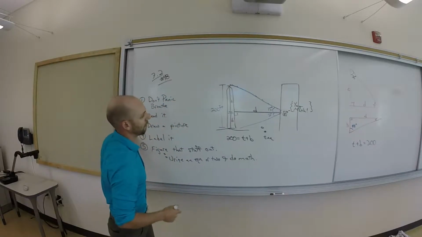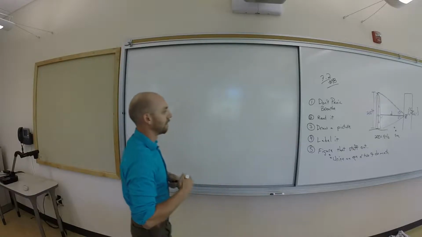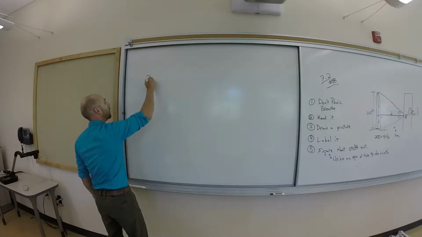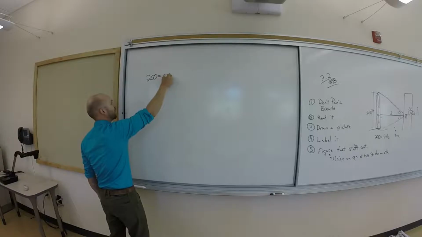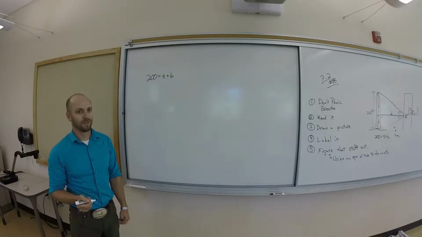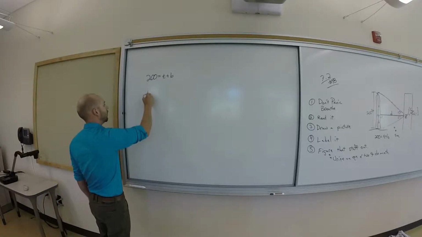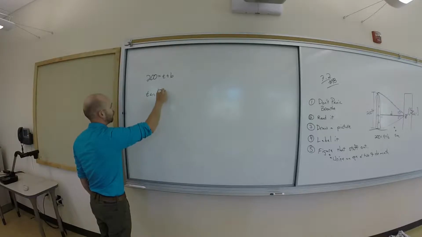Okay, so, look, brand new board. All right, so I know 200 is T plus B. And what do I know about tangents? Opposite over adjacent, right? Okay, so what's tangent of 2 degrees?